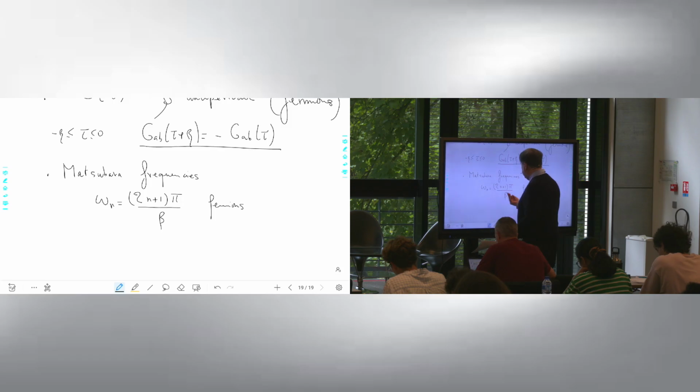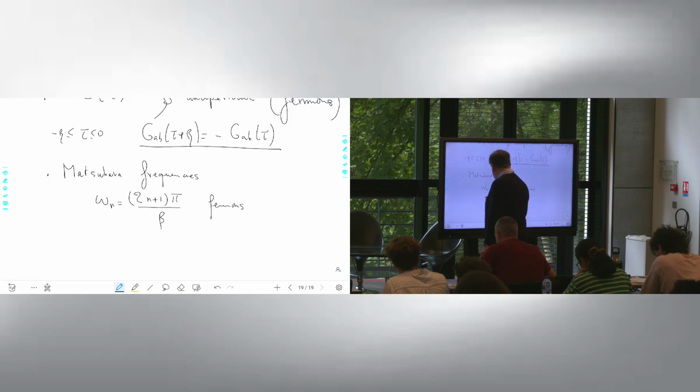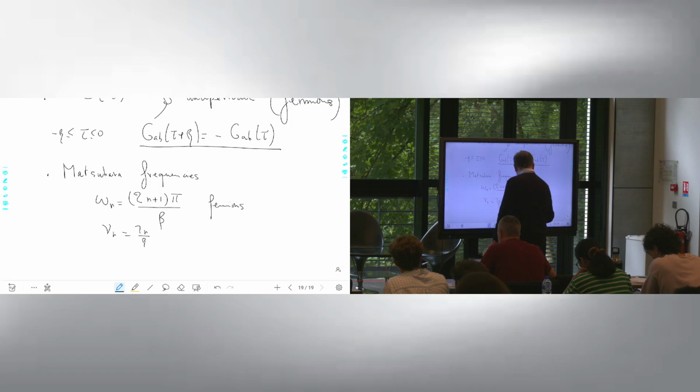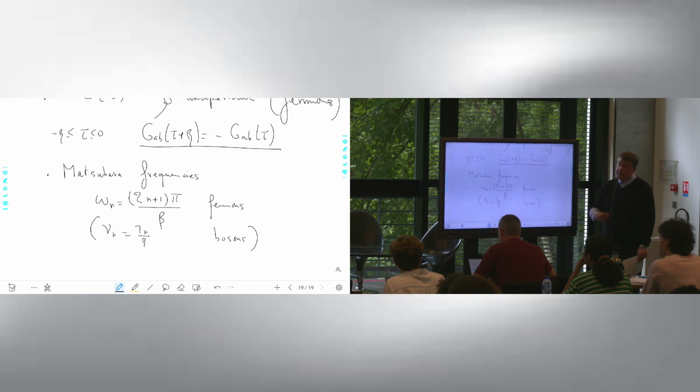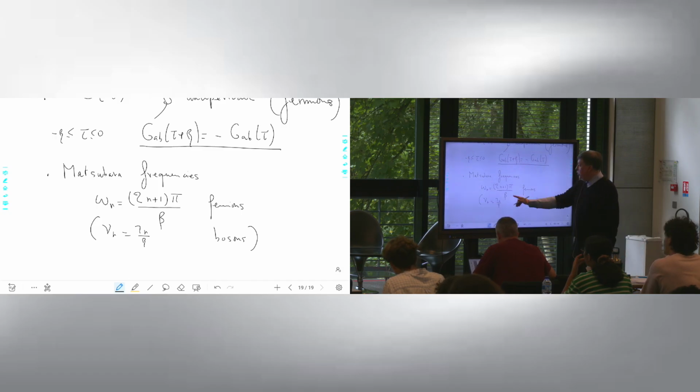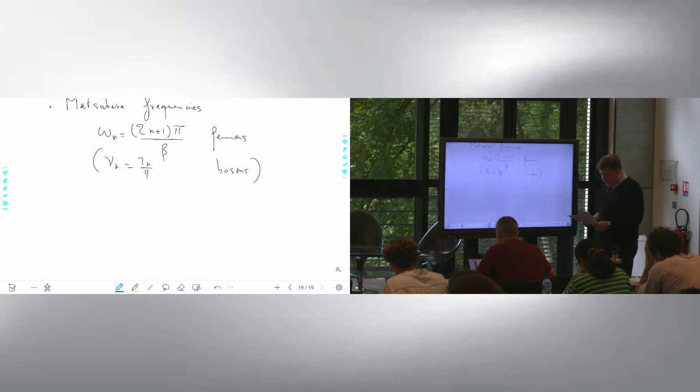For bosons, I'm not going to use them, but it will be the bosonic version. Not critical for us now. Because our function is beta antiperiodic, it has a Fourier series representation using these frequencies, which are the Matsubara fermionic frequencies.